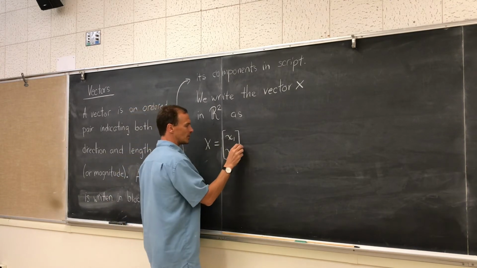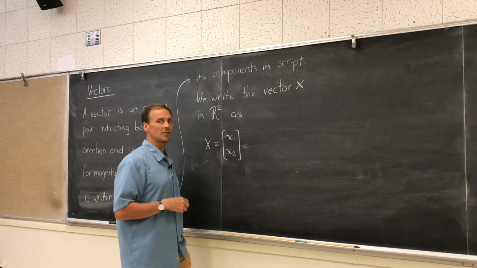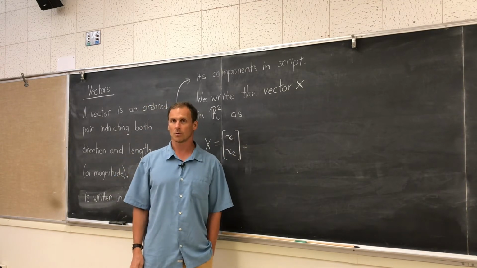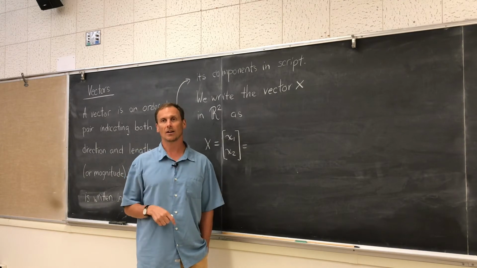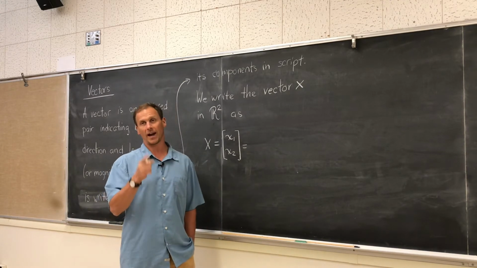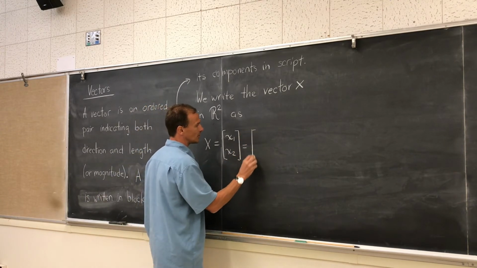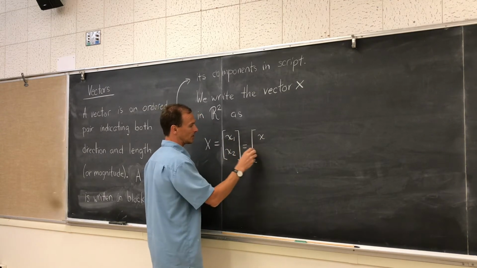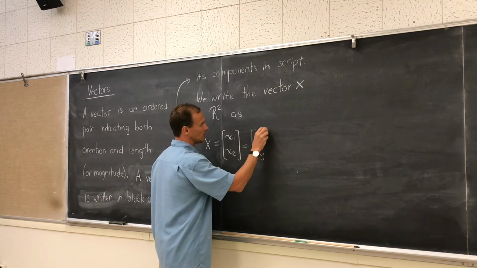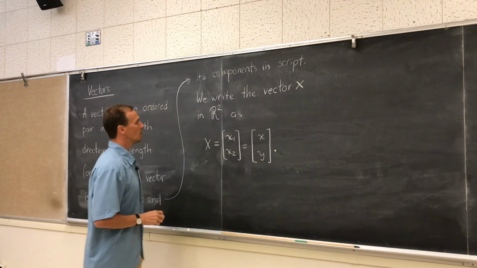But to help you understand this, remember this is just an ordered pair. And the most simple ordered pair you've seen was when you started plotting points and graphing lines, and we plotted the ordered pair x, y. So this would be similar to just saying x1 would be the x value, x2 would be the y value. Okay.